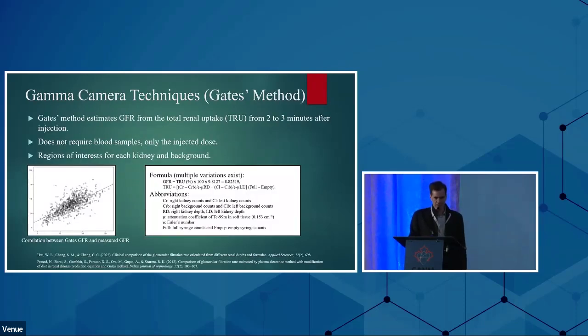Now, let me talk very briefly about the gamma camera technique. That's the Gates method. We don't use that in our department because you see at the bottom left the correlation between the measured GFR and the Gates method GFR is not perfect, and it does require a gross estimation of GFR.